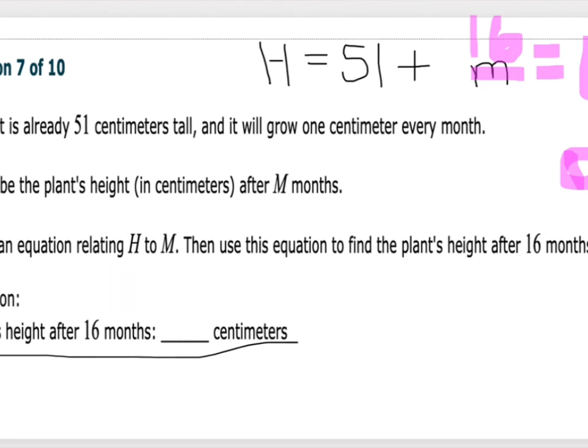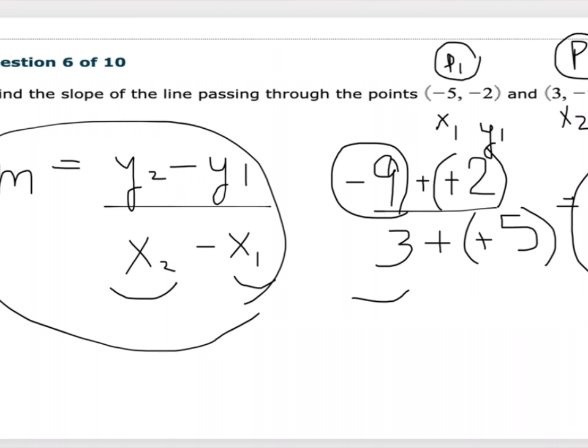I'm going back to question 7, which I've already done several times, but hopefully this will help you. On question 6, which is where the last video cut out, we were explaining the bottom one down here.